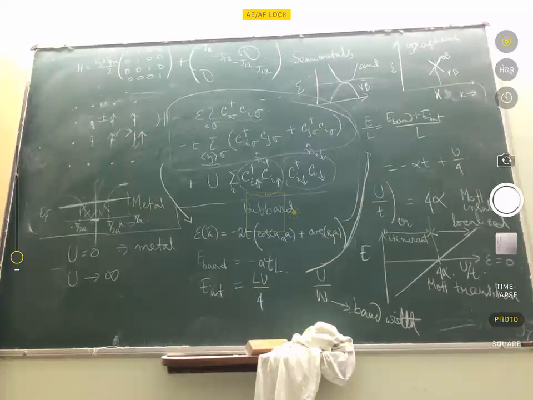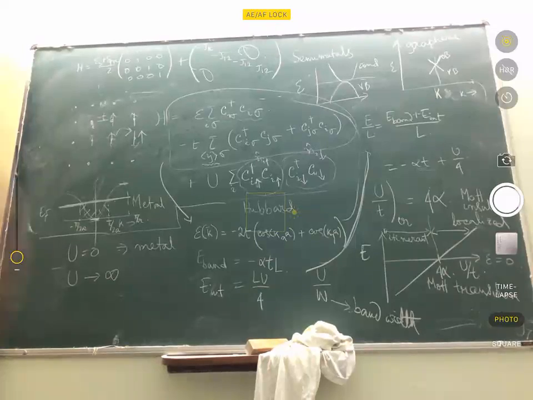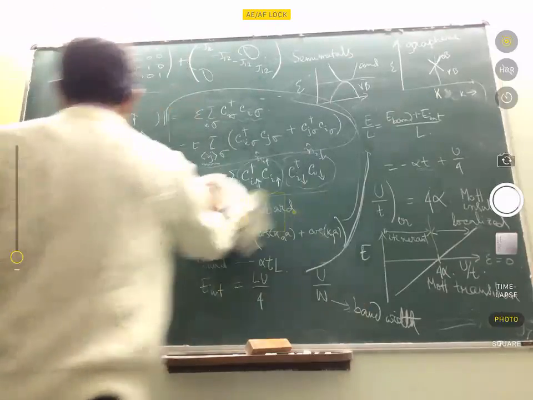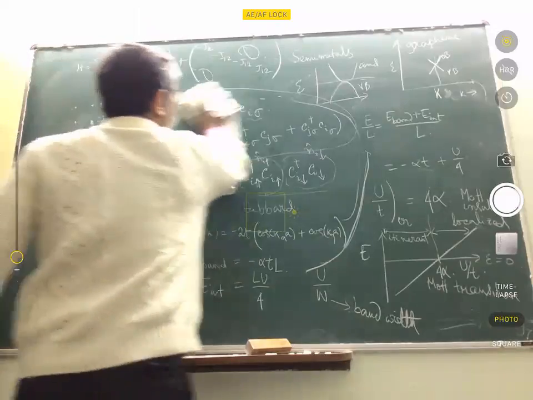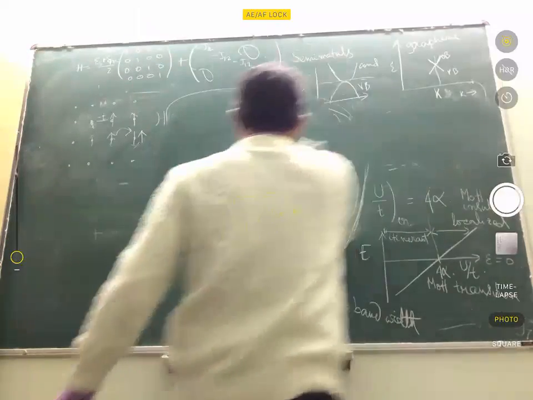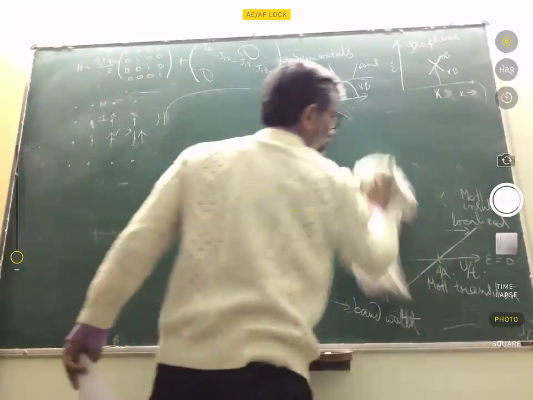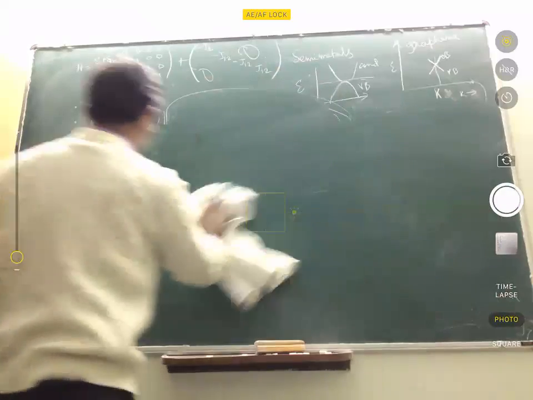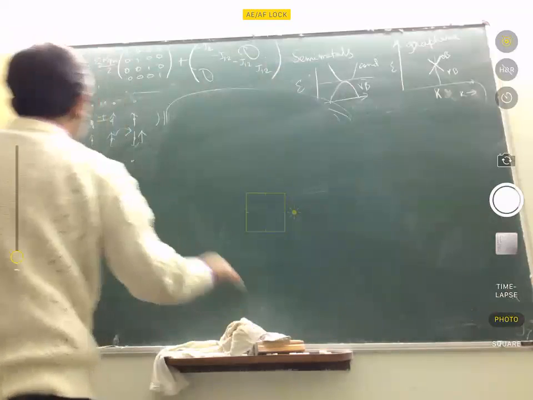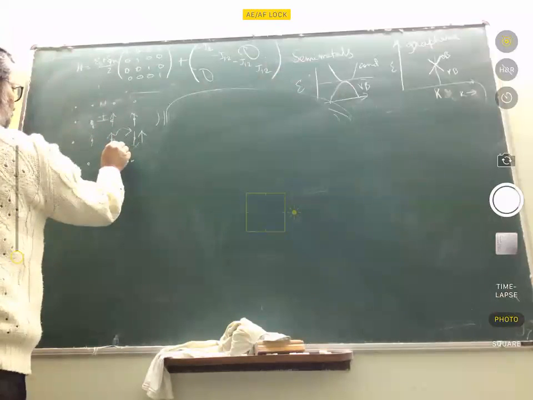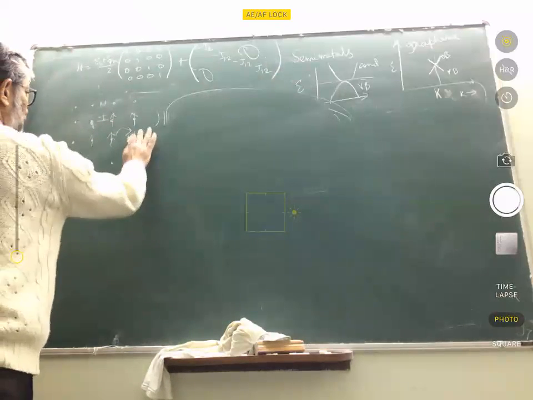So the way one views that is the following. Suppose I have these two electrons here to start with.